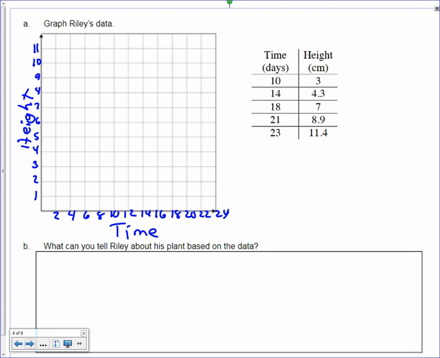So I graphed 10, 3, which would be right here. 14, 4.3. 18 was at 7. 21 was at 8.9. And 23 was at 11.4.